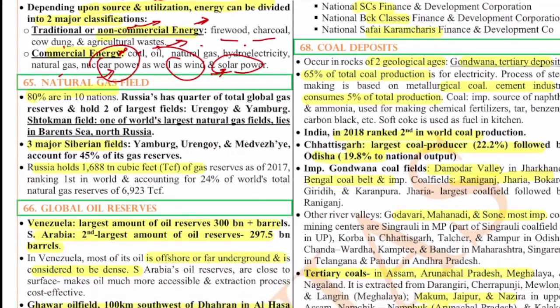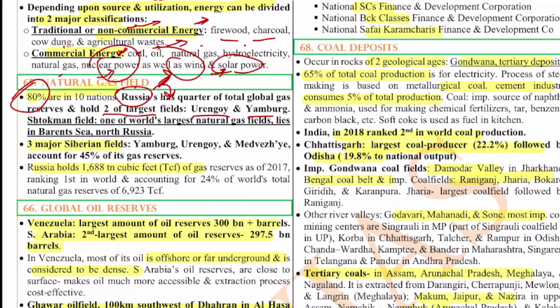Next, the 65th question is about the natural gas fields. Recently the Russia-Ukraine conflict was in the news, and all the major gas fields are important for us from the examination point of view. 80% of the gas fields are in 10 nations. Russia has a quarter of total global gas reserves and holds two of the largest fields, the Urengoy and Yamburg.